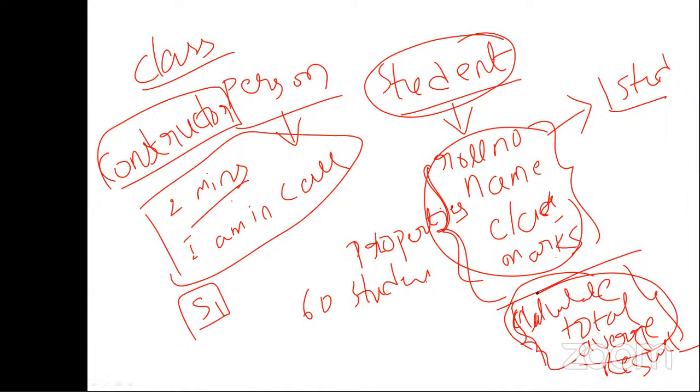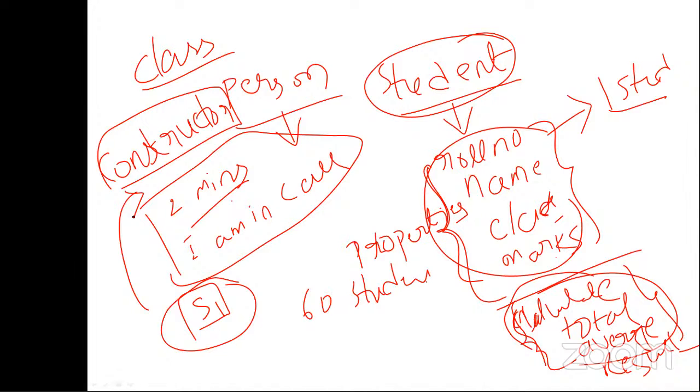Then Python allocates some memory to S1. At that time, this constructor is called automatically. You need not call that constructor; automatically, when the object is created, that method executes. For some situations, we may need to do something at the time of allocating the memory and at the time of deallocating the memory.